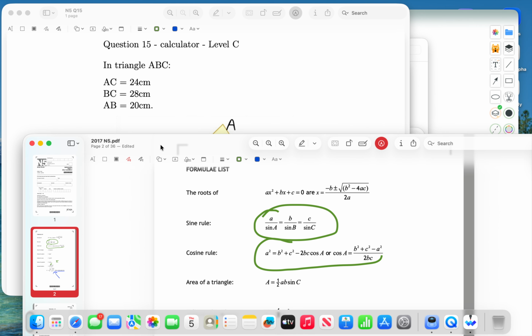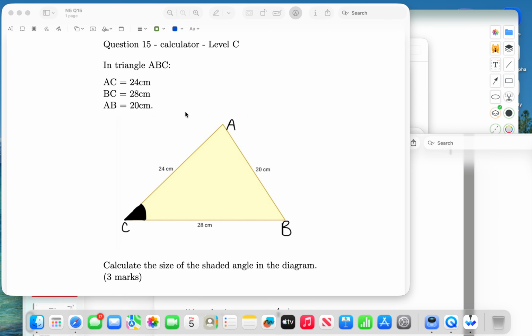So what we want to do is decide what information we know and what we want to find out. And I think you've recognised by this point that this is a trigonometry question. So the easiest way to do this one is to label your sides and your angles.